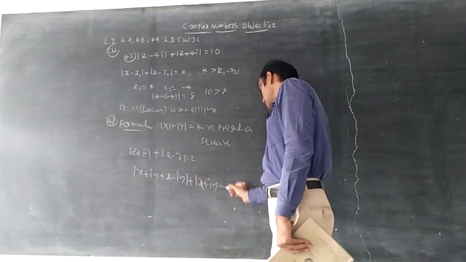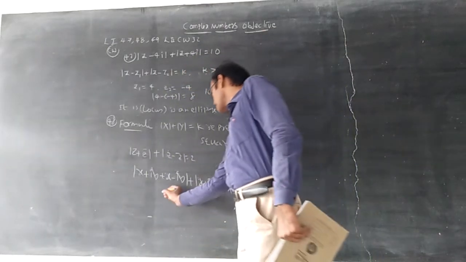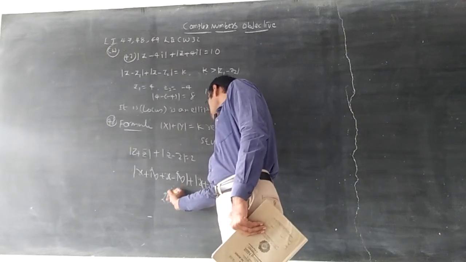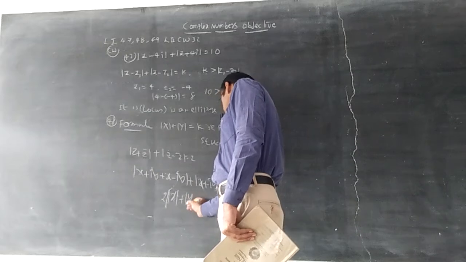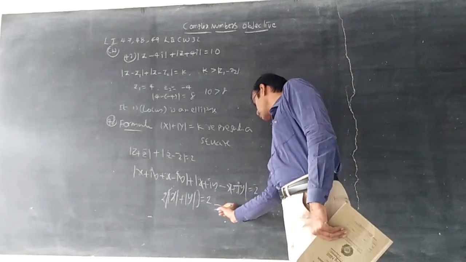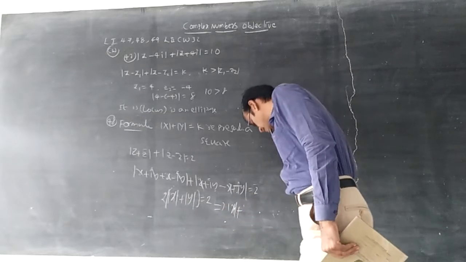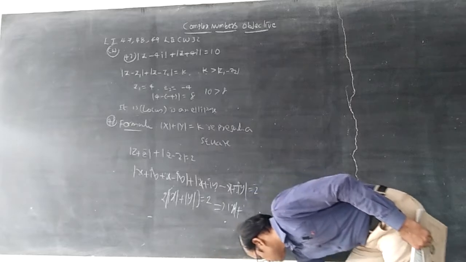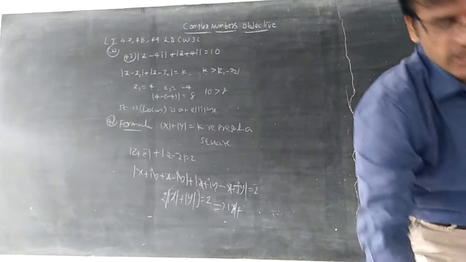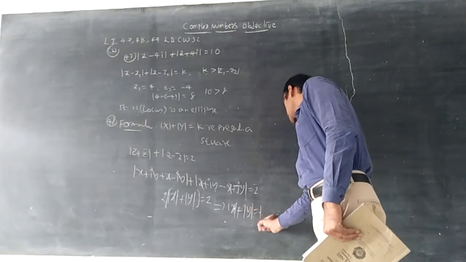Here the x's and iy's cancel. Write 2 modulus of x, take common: 2 into modulus of x plus modulus of y is equal to 2. So modulus of x plus modulus of y is equal to 1.